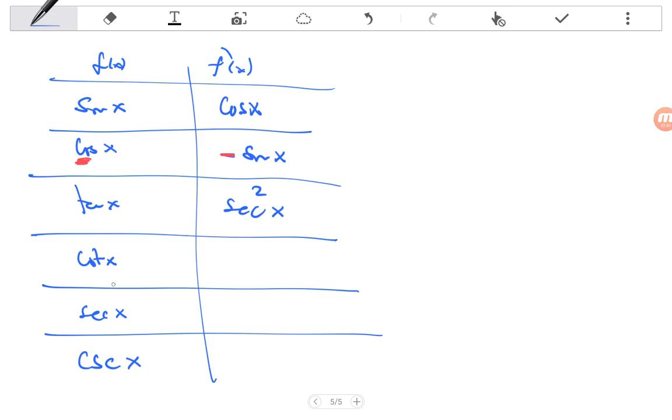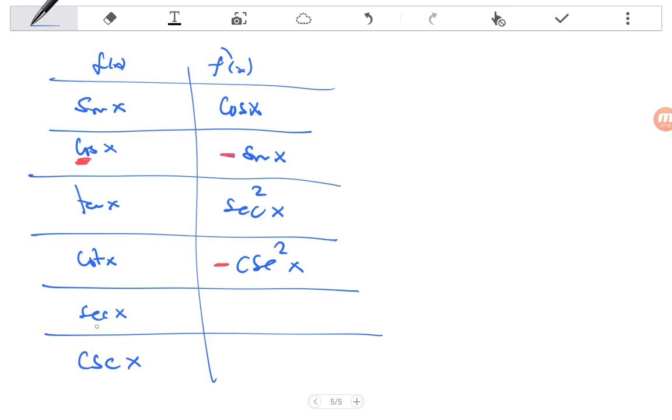Cotan x, what is the derivative of cotan x? Now we have a co in the function, so we are expecting it to have a negative sign. It is just minus cosec squared. Okay, so the derivative of tan x is sec squared, and the derivative of cotan x is negative cosec squared.